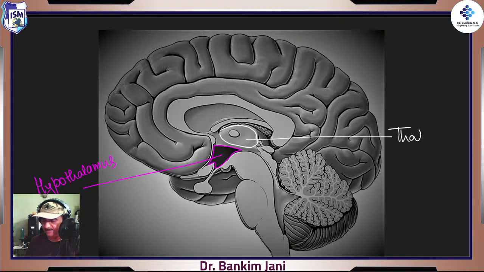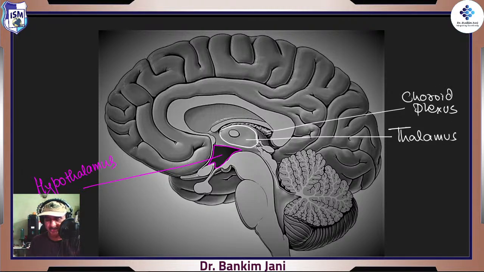So that is thalamus, right? And if you figure out, you can see a small portion like this dotted thing. What I'm talking about is this. That is choroid plexus, which will play an important role in the secretion of CSF.